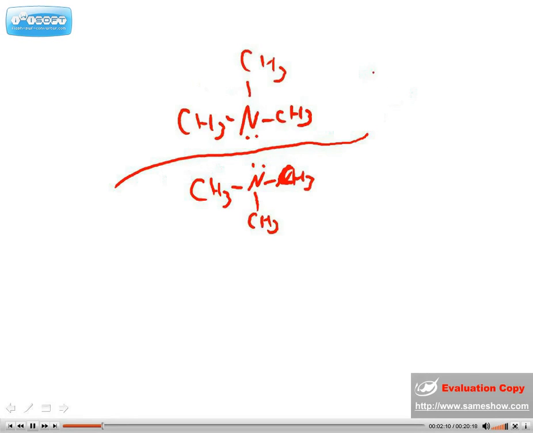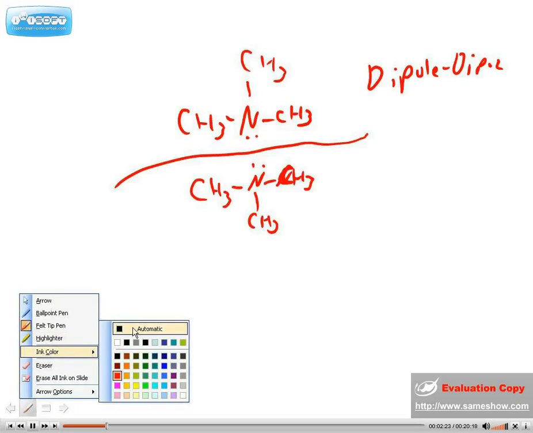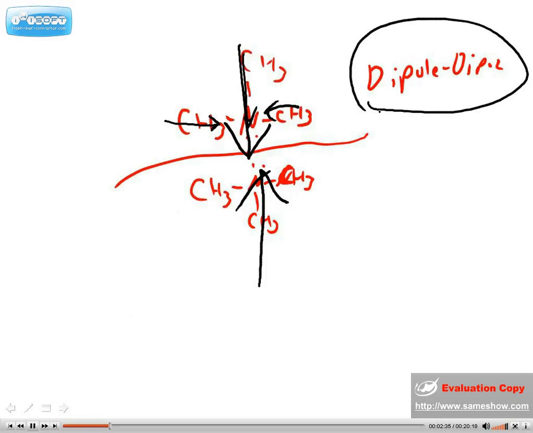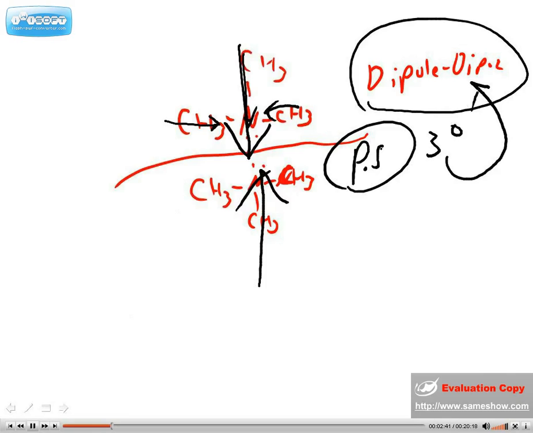So the best that this could be is actually going to be dipole. Why? Because nitrogen's more electronegative than each of the carbons. So you're going to have pulling in, and then you'll have an overall dipole present here. You'll have an overall dipole on the other one. So as a pure substance for tertiary, it has to be dipole-dipole.